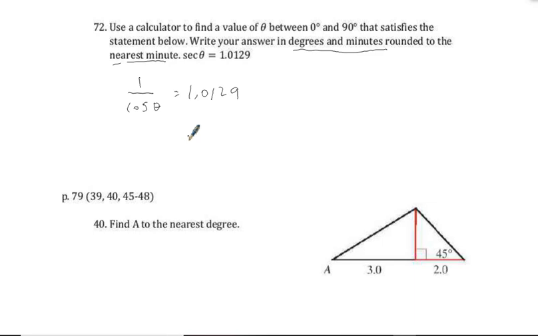The same point, we can multiply both sides by cosine theta, and then we would divide by 1.0129 and end up with 1 over 1.0129 equals cosine theta, which is what we're able to do in the calculator.